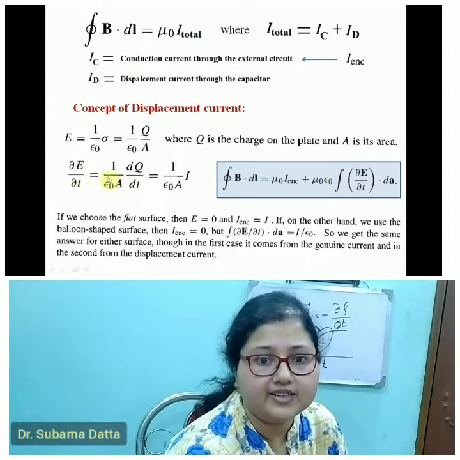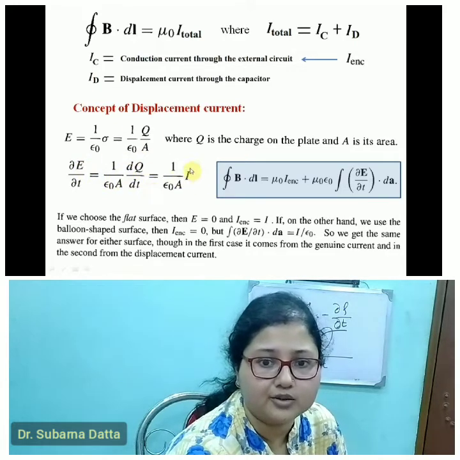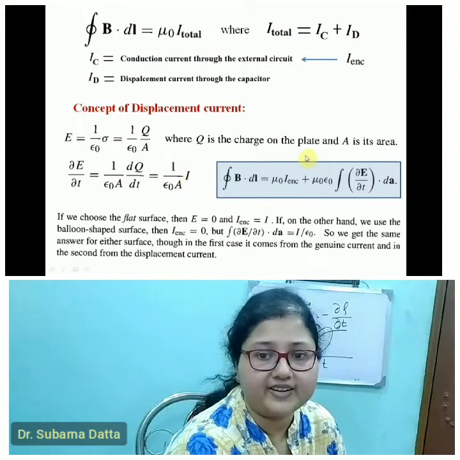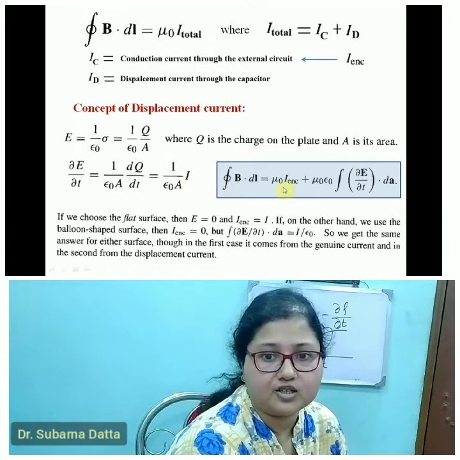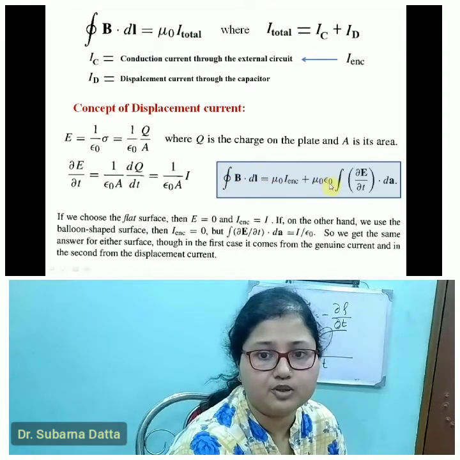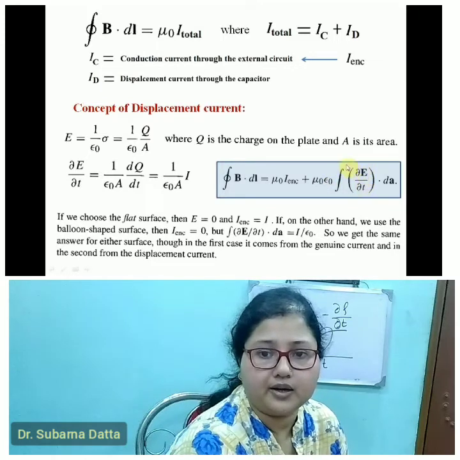So del E del T is equal to 1 by epsilon 0 A dQ dT, and we know dQ dT is equal to I, the displacement current, ID. So we have modified Ampere's law: the cyclic integral B dot dl is equal to mu 0 I enclosed plus mu 0 epsilon 0 integral del E del T dA.